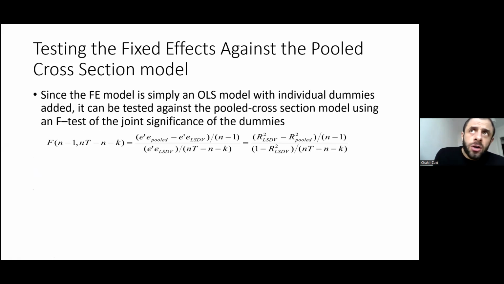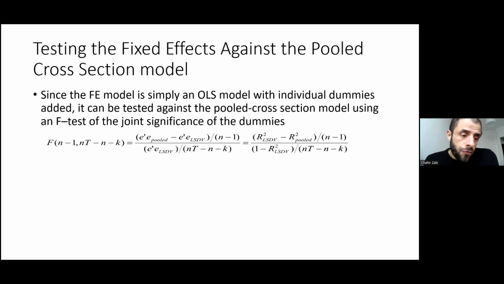You know, as if we're comparing two models with different sets of variables, and in this case, we compare the two models, the pooled one and the least square dummy variables one relative to their degrees of freedom, using their R squared.